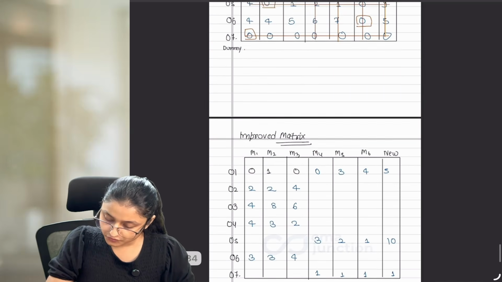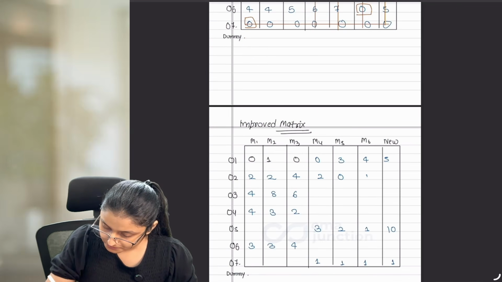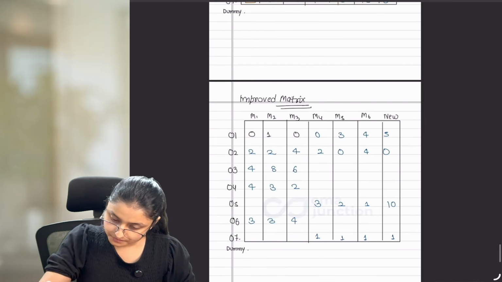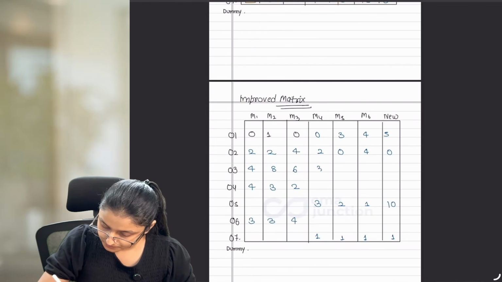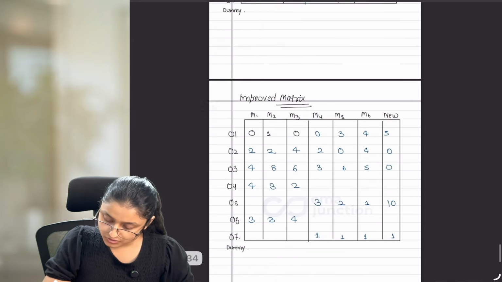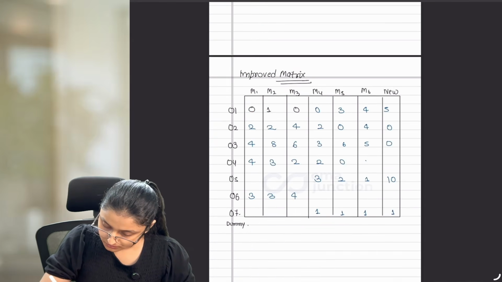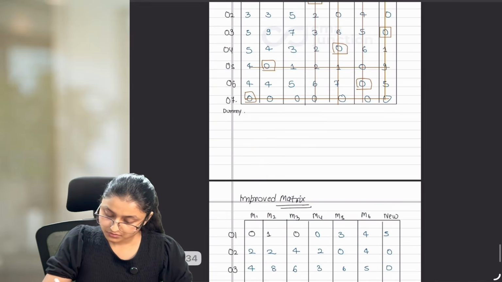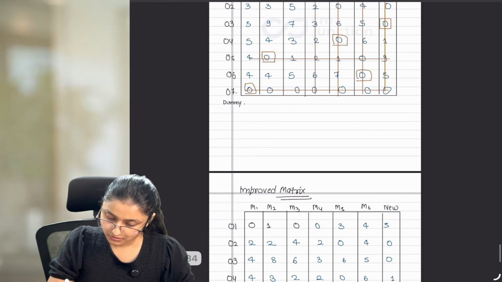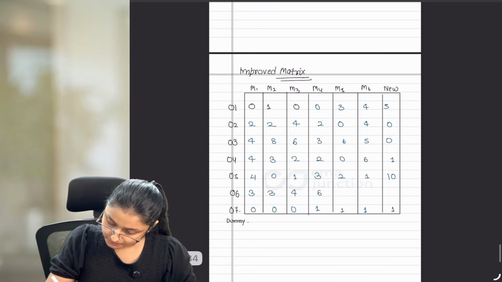Next 2, 0, 4, 0. Next 3, 6, 5, 0. Next 2, 0, 6, 1. 4, 0, 1. 0, 0, 0 and then 2, 1, 6, 7, 0, 5.